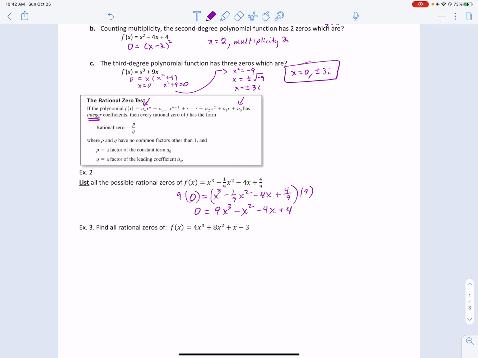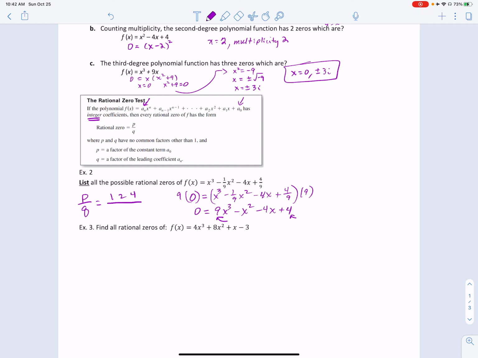And so a naught is 4. And so my possible rational zeros, my p over q. I'm going to just put a fraction bar here. Factors of this constant, 4, are 1, 2, and 4. Over factors of the leading coefficient, that a sub n is 9.